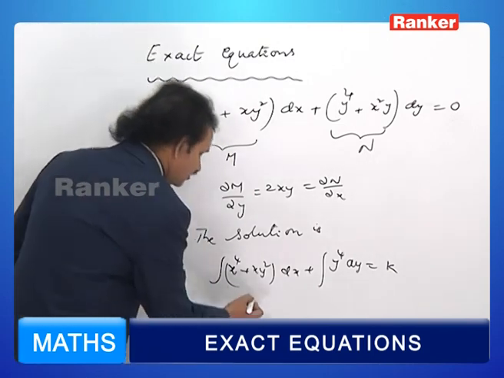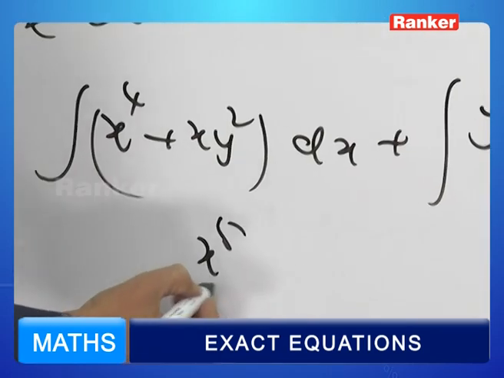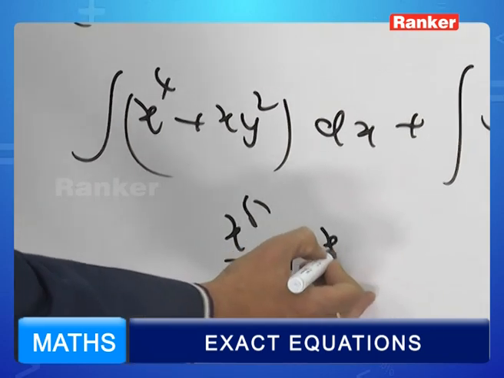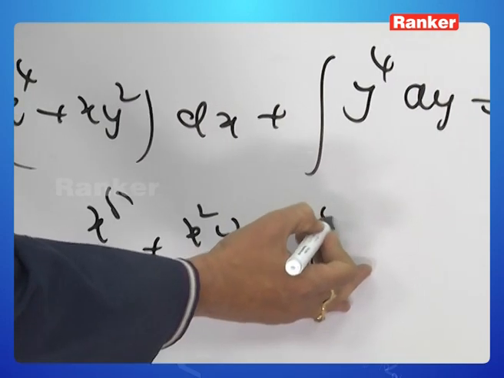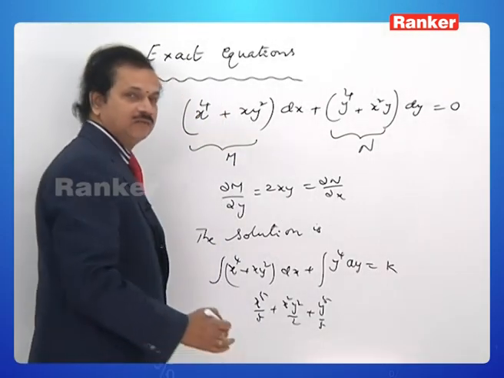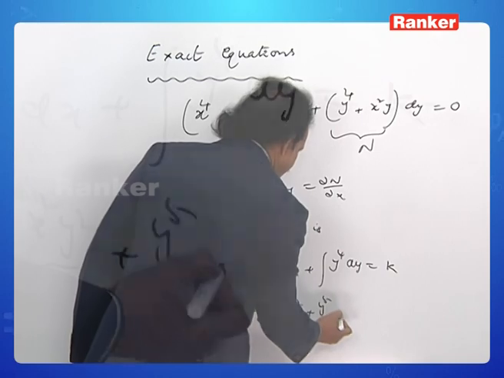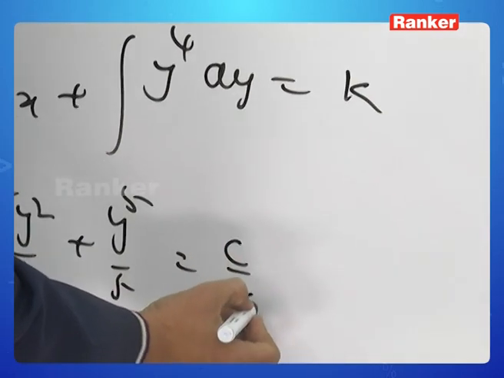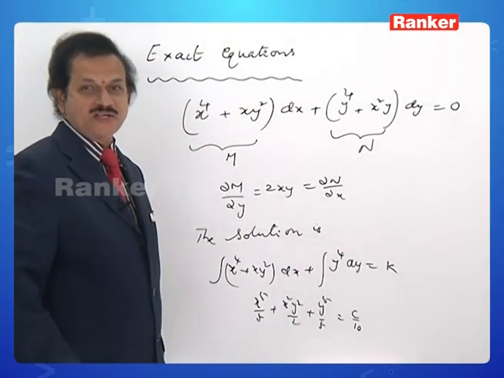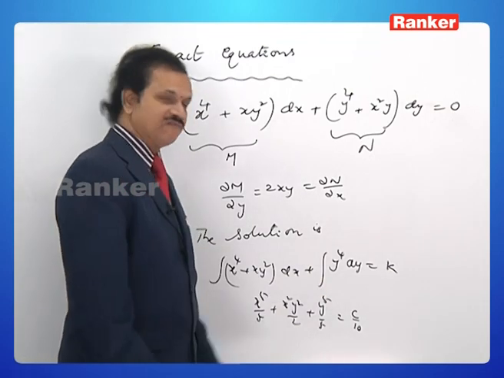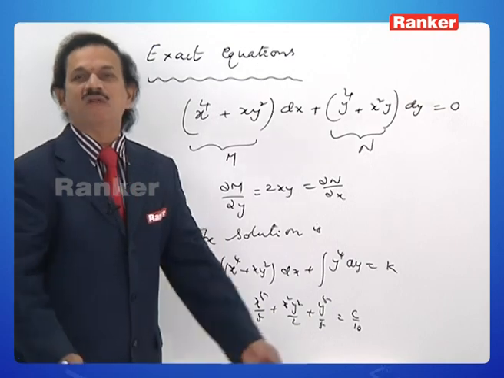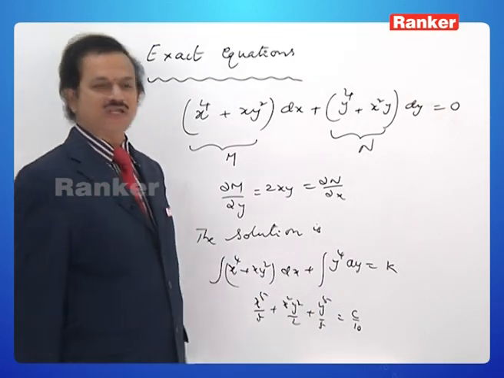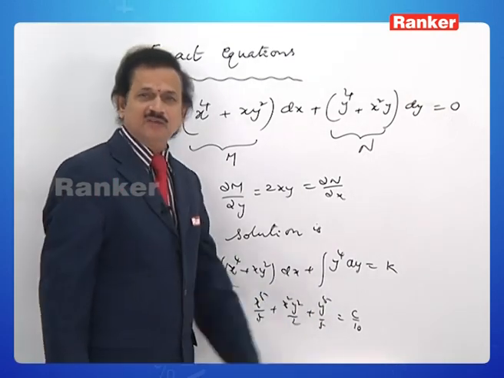Integral of x power 4 is x power 5 by 5 plus x square y square by 2 plus y power 5 by 5. Now I like to take this k as c by 10. I think you can understand the reason behind assuming k to be c by 10. The only simple and direct reason is that 10 is the LCM on the left hand side.